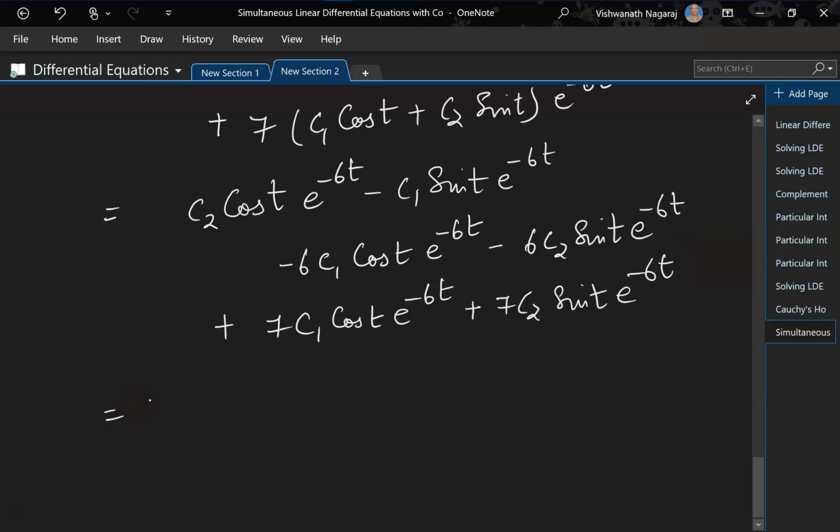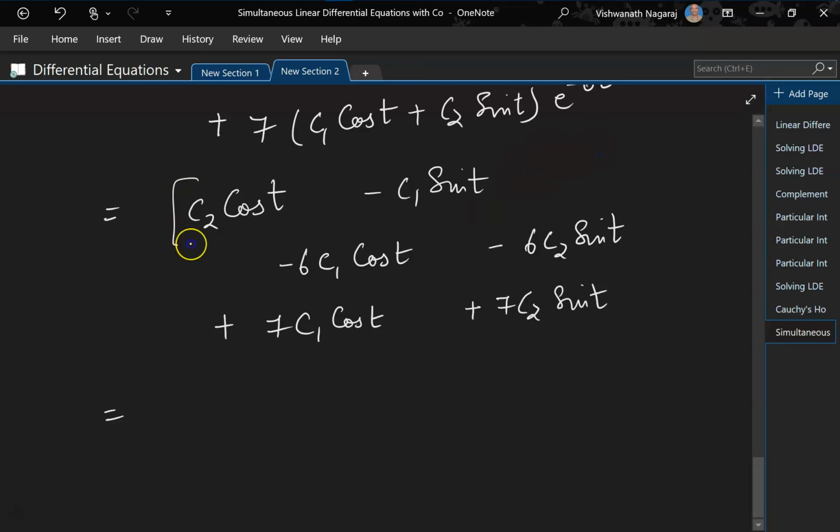Actually, I could have taken the whole e to the power of minus 6t as common. Actually, let's do that. Let's take the whole thing inside a bracket with e to the power of minus 6t outside.